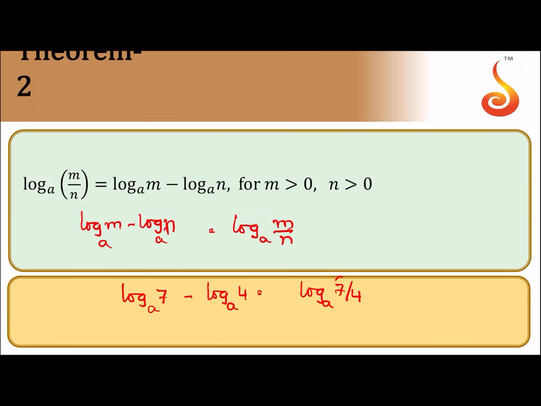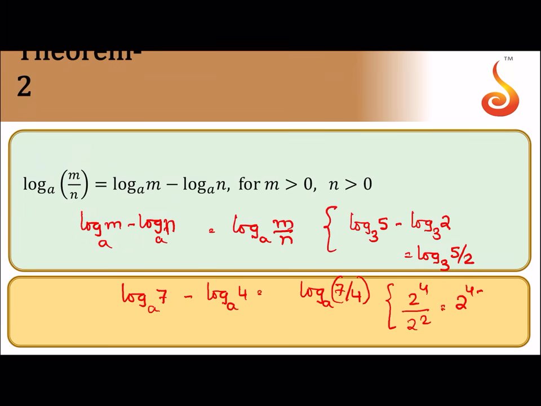Log base a 7 minus log base a 4 is log base a 7 by 4. Take another example. Log base 3 5 minus log base 3 2 equals log base 3 5 by 2.